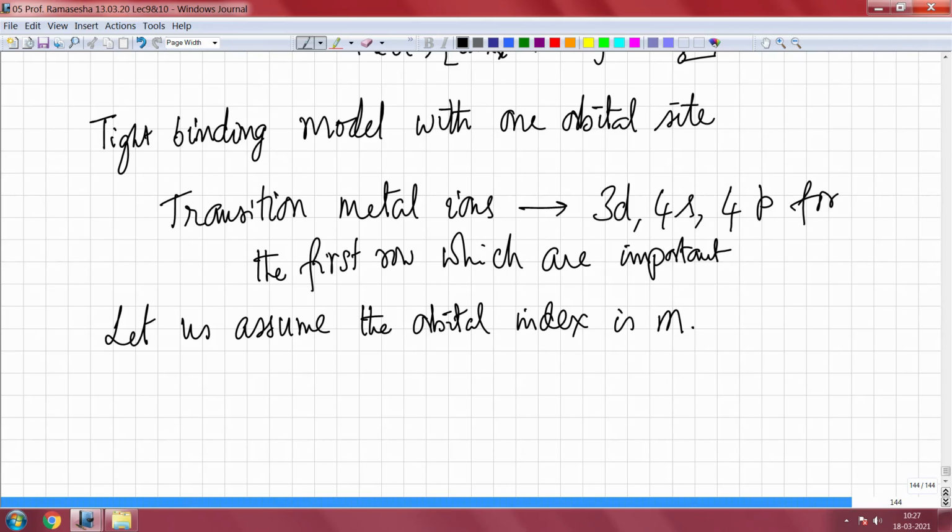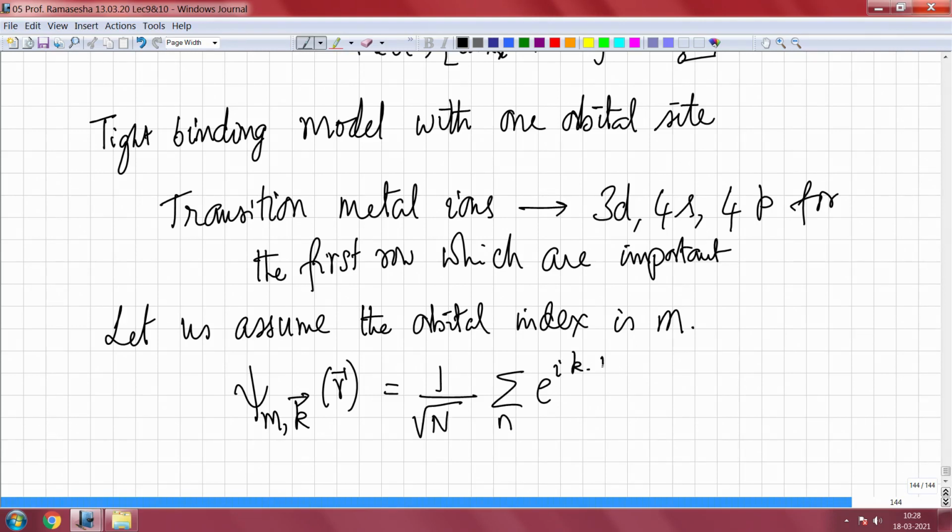So, altogether m will go from 1 to 9, and then for each m, I can write down a tight binding wave function with a given wave vector, psi m k of r, equal to a normalization constant 1 upon root N times the sum over n of e to the power i k dot R n, u m of r minus R n, where capital R n are the lattice sites at which the atoms are located and m goes from 1 to 9.